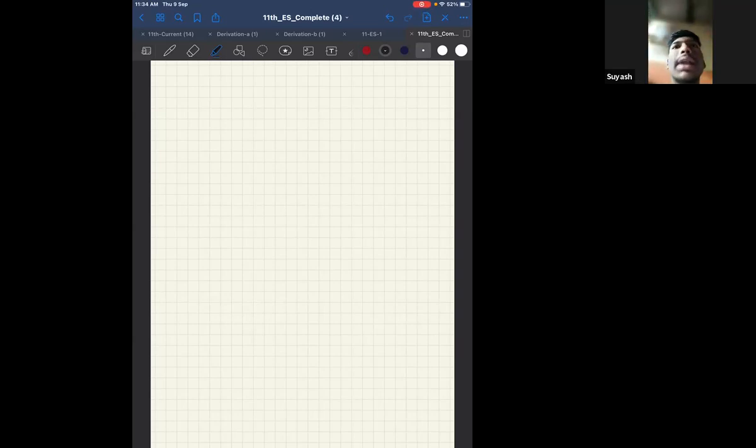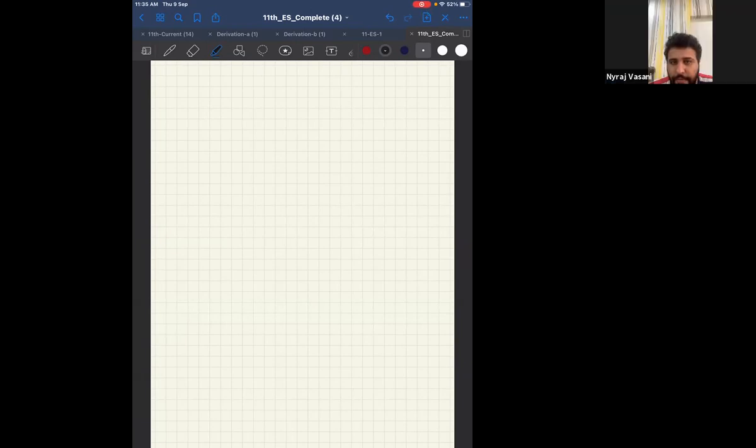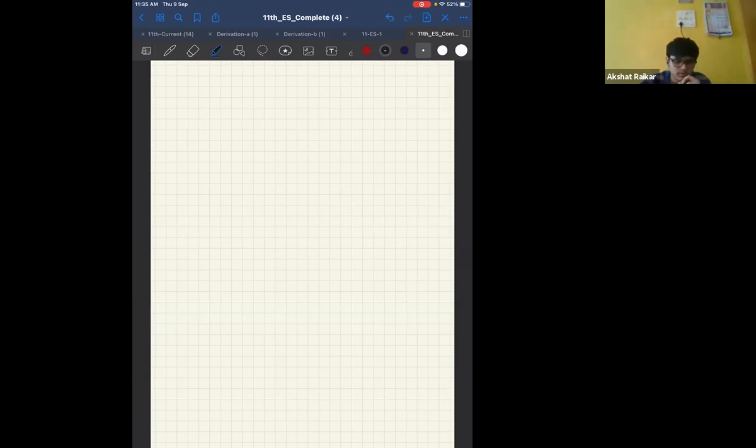Epsilon 8.85 into 10 raised to minus 12 Coulomb square Newton meter square. Akshat, tell me what is the value of 1 by 4 pi epsilon naught? 9 into 10 raised to 9. Very good.